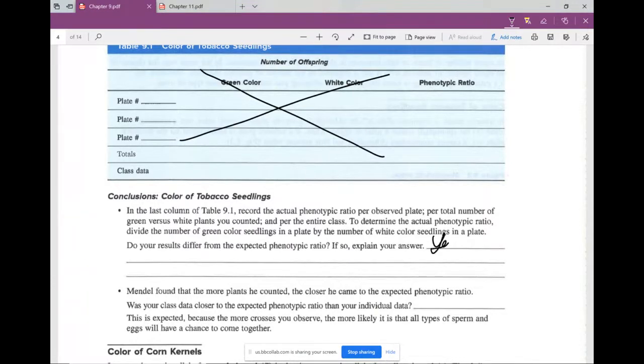You can say yes, expected phenotypic ratios are only possible in controlled conditions.